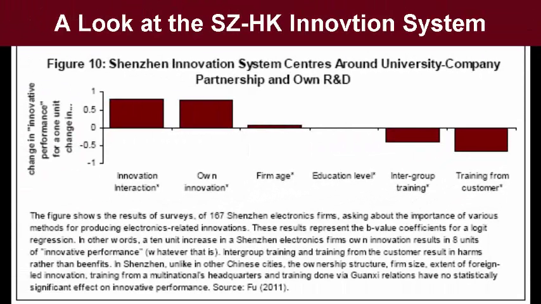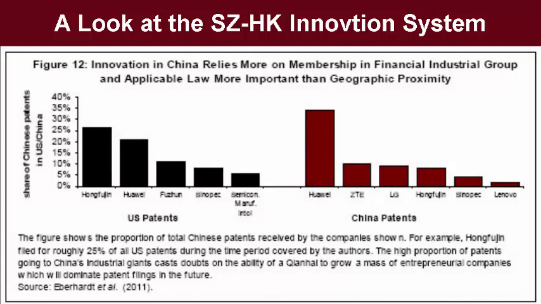Interestingly, though unsurprisingly, the amount of education Shenzhen companies' employees have has no appreciable impact on the innovative performance of these companies. And as we saw previously, innovative clustering appears to happen much less in Shenzhen than this hub-and-spoke system centered around one central player within a particular cluster.